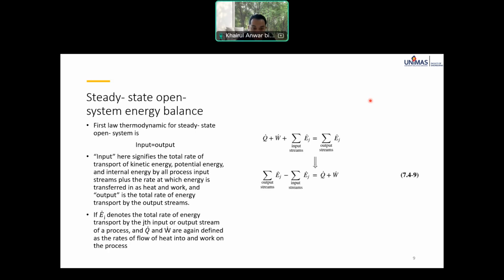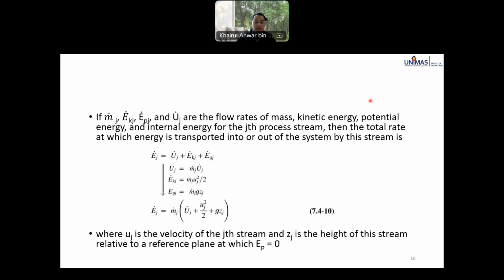If E_j refers to the total rate of energy transport by the j-th input or output stream of a system or process, and Q and W are again defined as the rate of flow of heat into and work on the process.